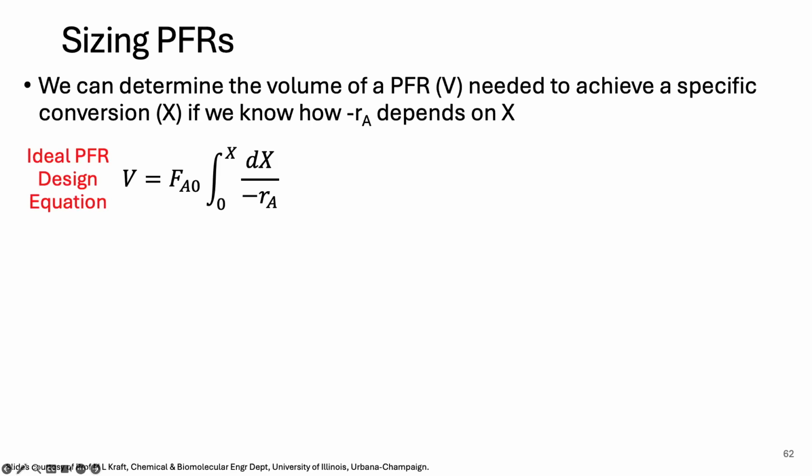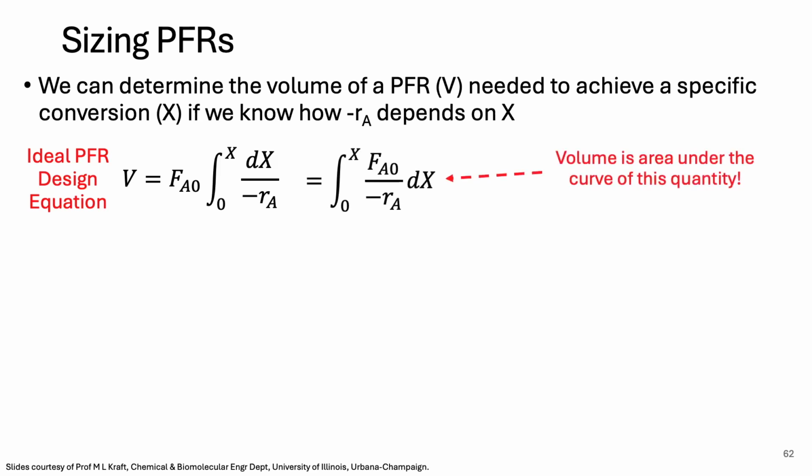We can use the same type of approach with Levenspiel plots to also size PFRs, that is, determine what volume of PFR we would need to achieve a target conversion. Here's our ideal PFR design equation. From what we know about integrals, if we plot FA naught over negative RA versus X, this value is equal to the area under the curve.